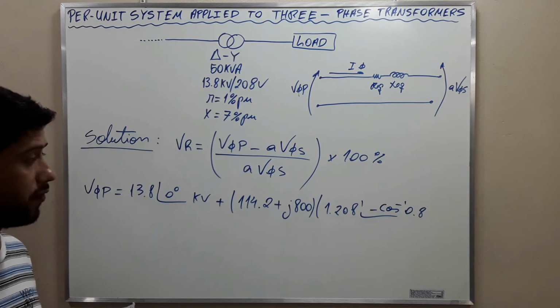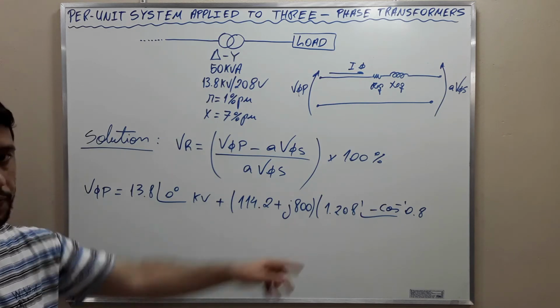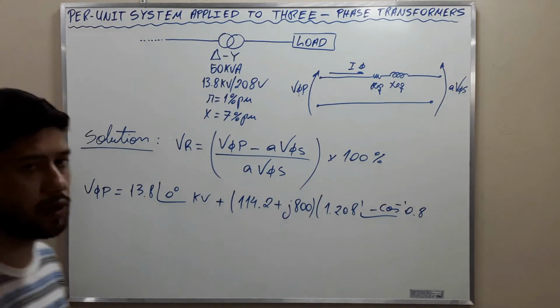The inverse cosine of the power factor gives the angle of the current.